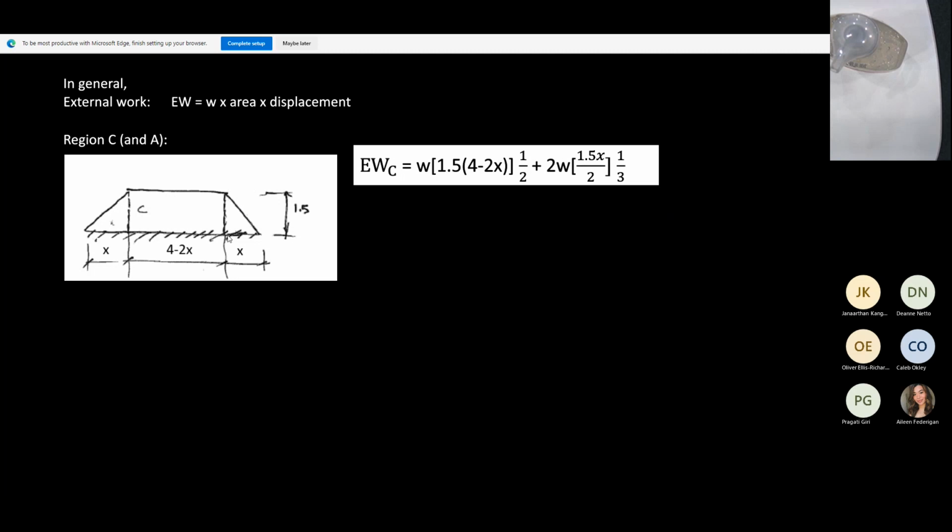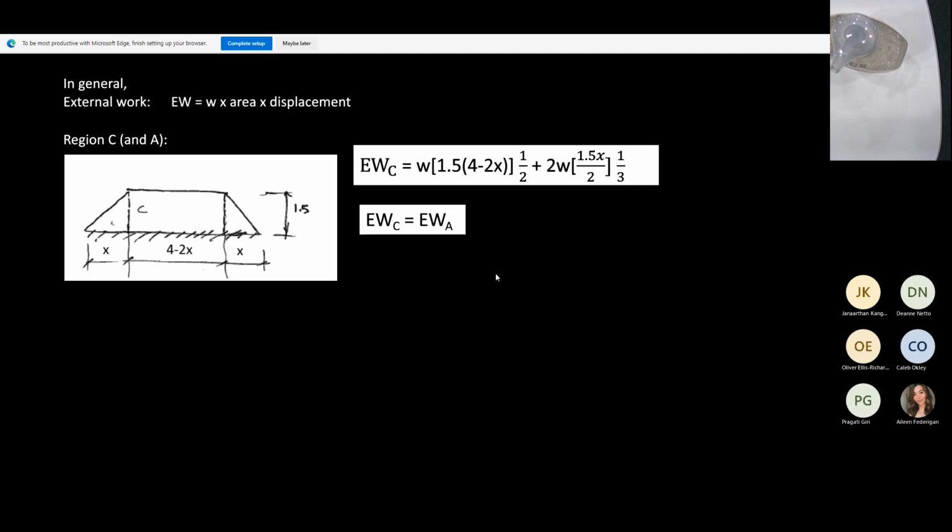What is the area of the triangle? x times 1.5 over 2, half. Agreed? And then we multiply by 2 because we have 2 triangles, and the displacement will be a third, because you've got 1 here as the maximum, and the centroid is at 1/3. Okay, and that's the external work for C.